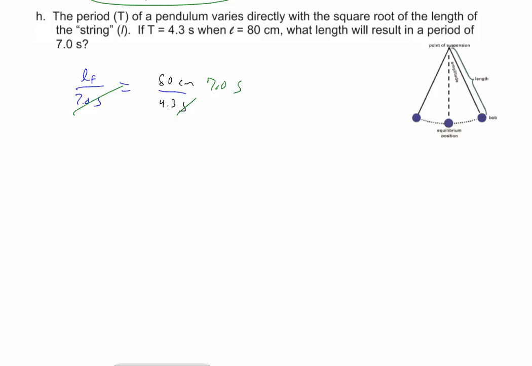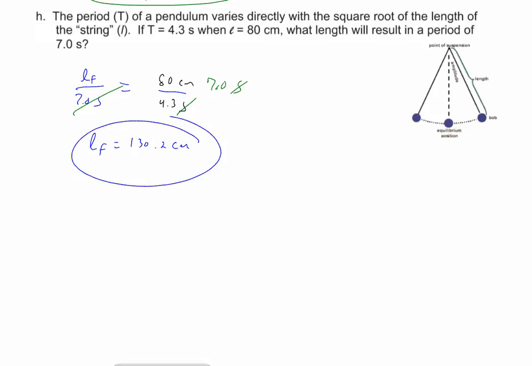My seconds divide out. I'm a happy camper. I break out my calculator. 80 times 7 divided by 4.3. And if you're worried about significant figures, our times are to one decimal place, hopefully 80 is exact, whatever. How about 130.2 centimeters?